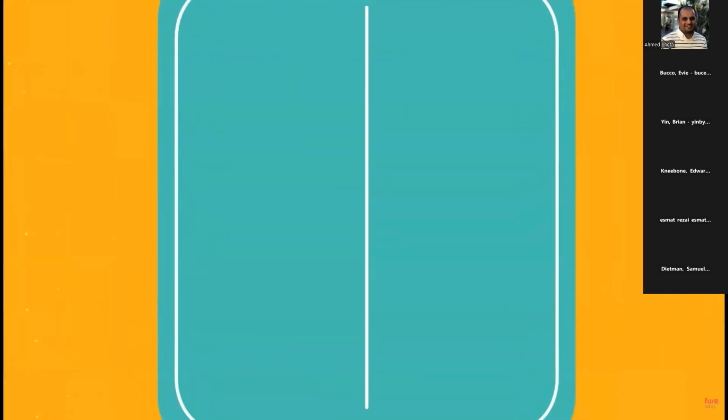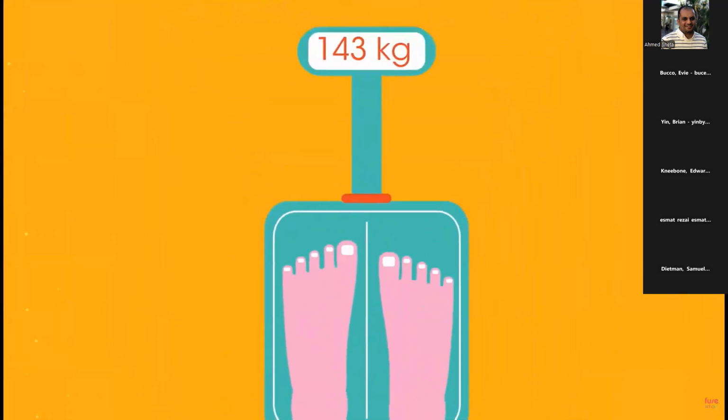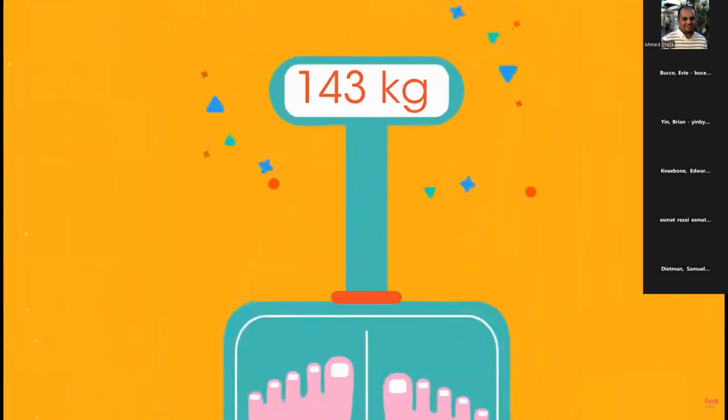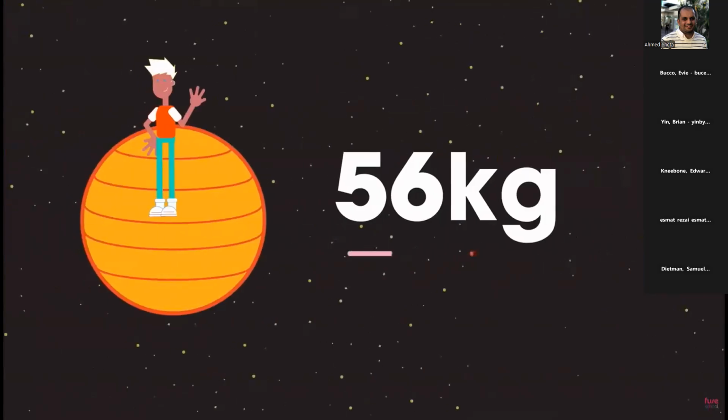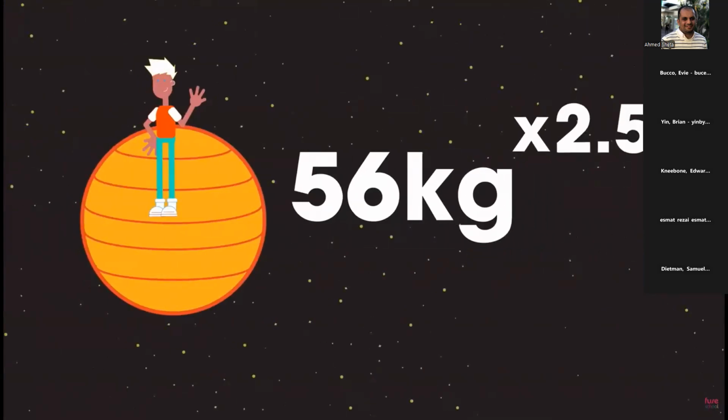And bathroom scales, which are calibrated in kilograms, would show I had a mass of 143 kilograms. You would feel very heavy, yet your mass would still be 56 kilograms. Just your weight would be 2.5 times more than on Earth.